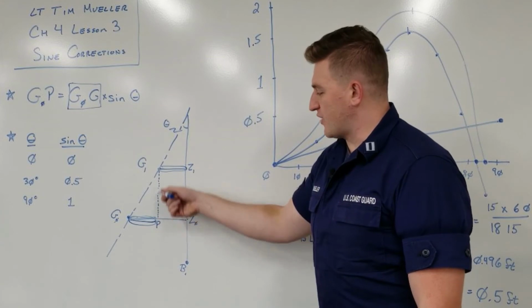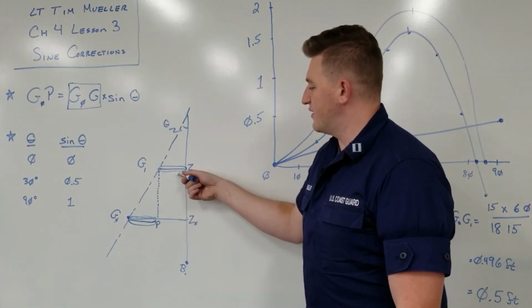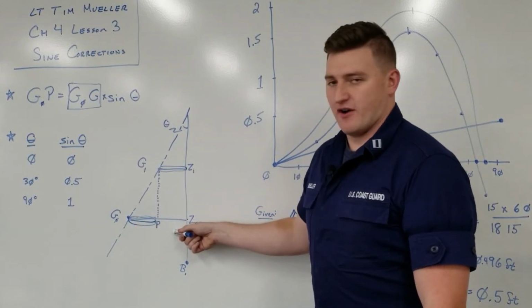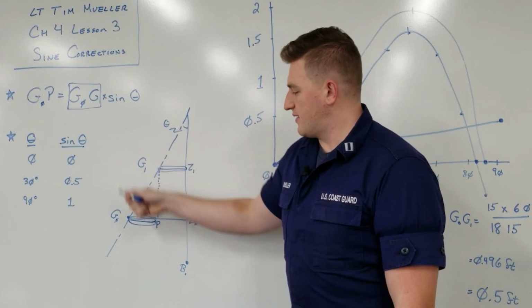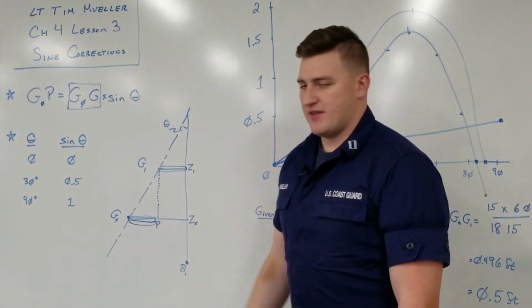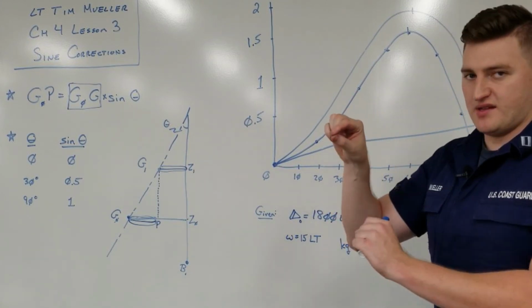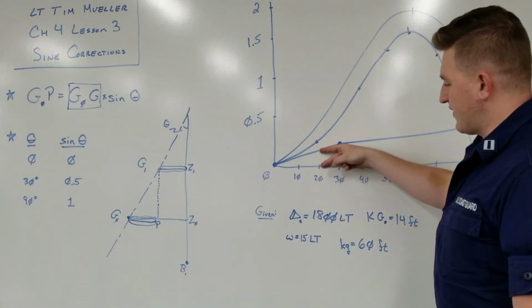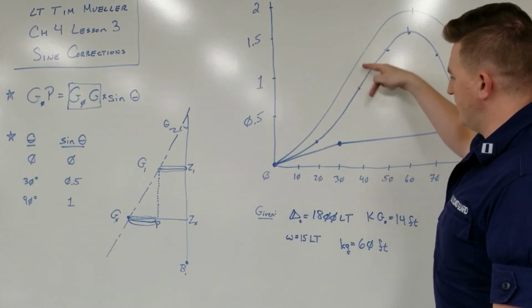You drop a line down to this P. You're trying to find this. You already know this. You've already been given this by your naval architect. You use this equation to find this piece. Then you just subtract them. You subtract them by either measuring those distances or using dividers. Take that, subtract it from there, you get a point. There, subtract it from here, you get a point.